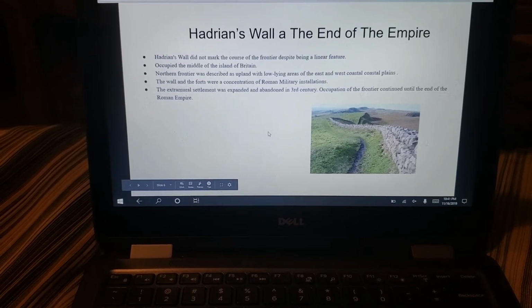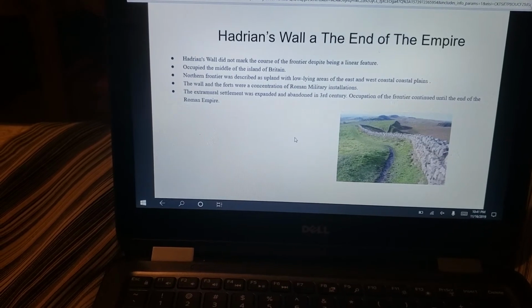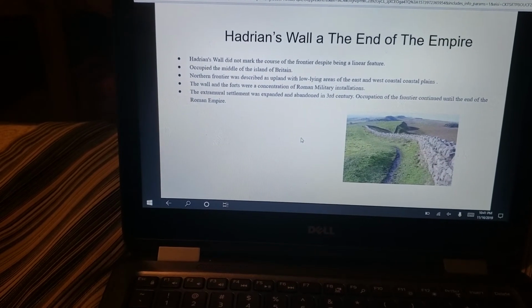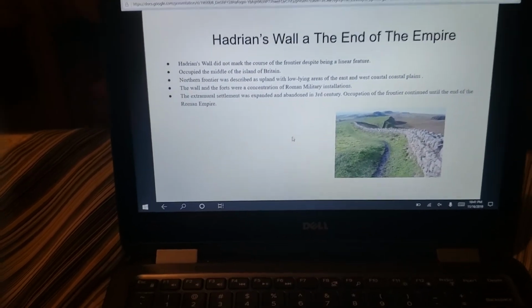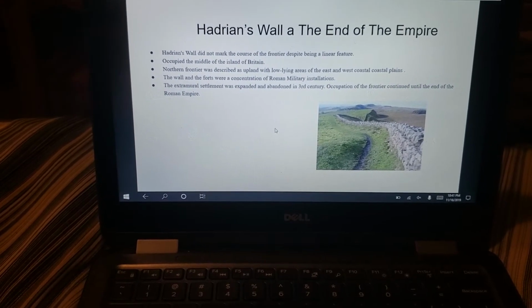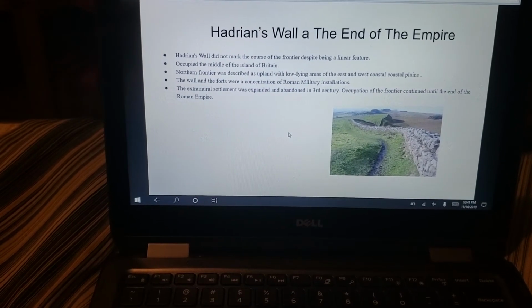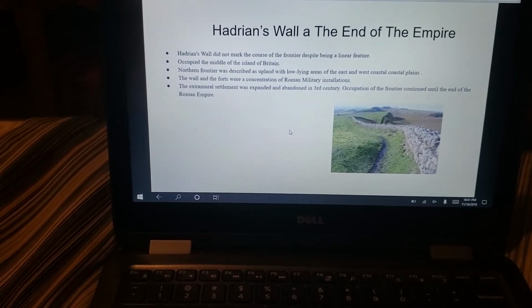Okay, and the next slide is called Hadrian's Wall at the End of the Empire. This talks about how Hadrian's Wall didn't necessarily mark the course of the frontier, despite being a big feature.